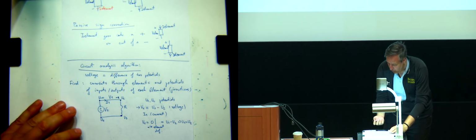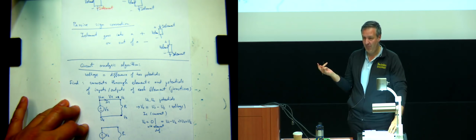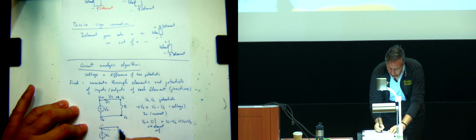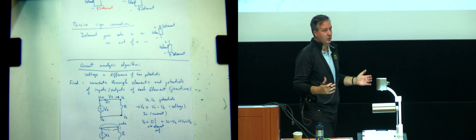So, in other words, I can redraw this circuit. It looks kind of the same, but I'm not going to say this is a separate junction from this one, because I know their potentials are the same. I'm going to call this whole thing here a node. Okay? It's just a node. It's a node with the same potential.